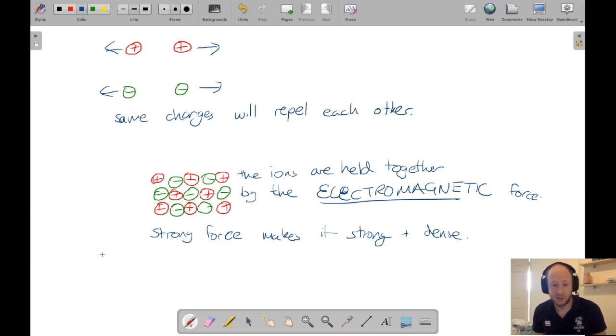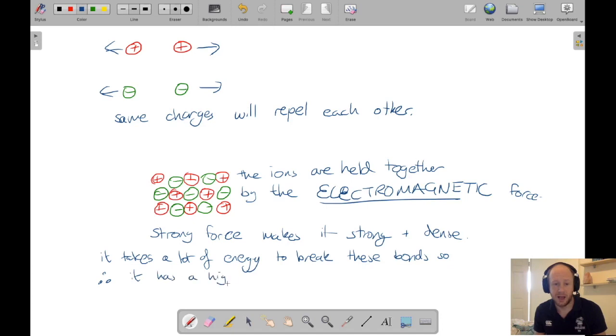Now, it takes a lot of energy to break these bonds. So therefore, it has a high melting and boiling point.